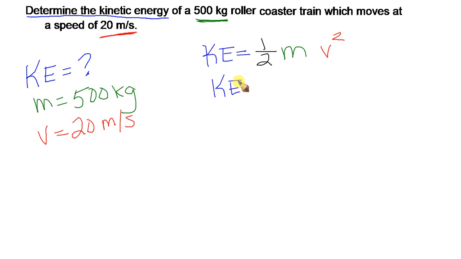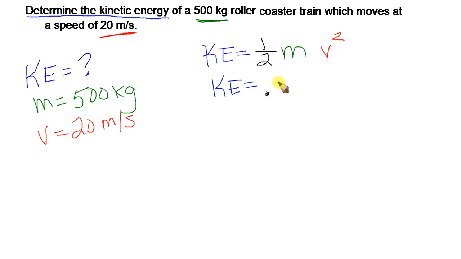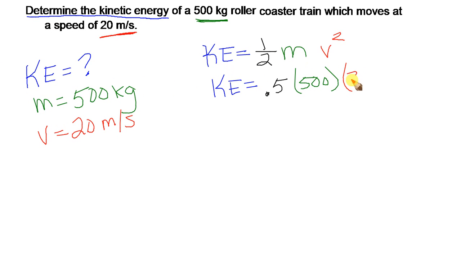So I'm trying to find KE, that's going to remain as letters. I'm going to change this 1/2 to 0.5 to get ready to type it into my calculator. I'm going to write that my mass is 500 kilograms, and my velocity is 20 meters per second.